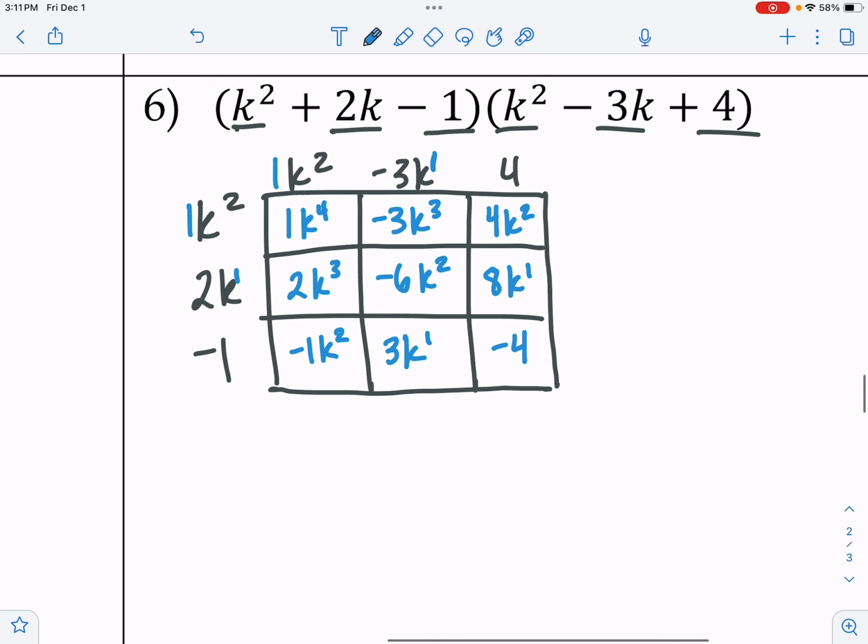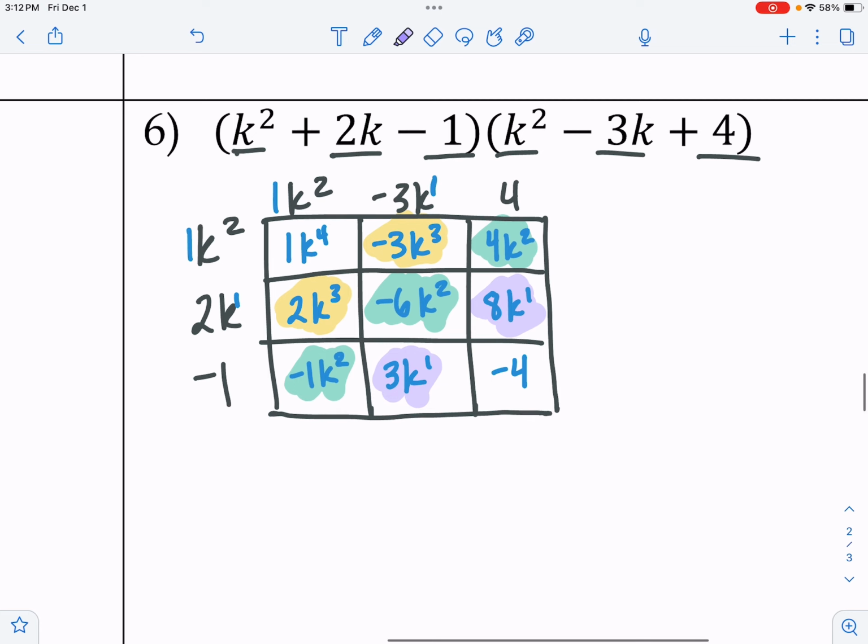Okay, now that we've filled in the box, exponents won't change anymore. We're just combining our like terms. And so here I've got a k3 and a negative 3k3. Here I've got k2, k2, and k2. Here I've got k1 and k1.